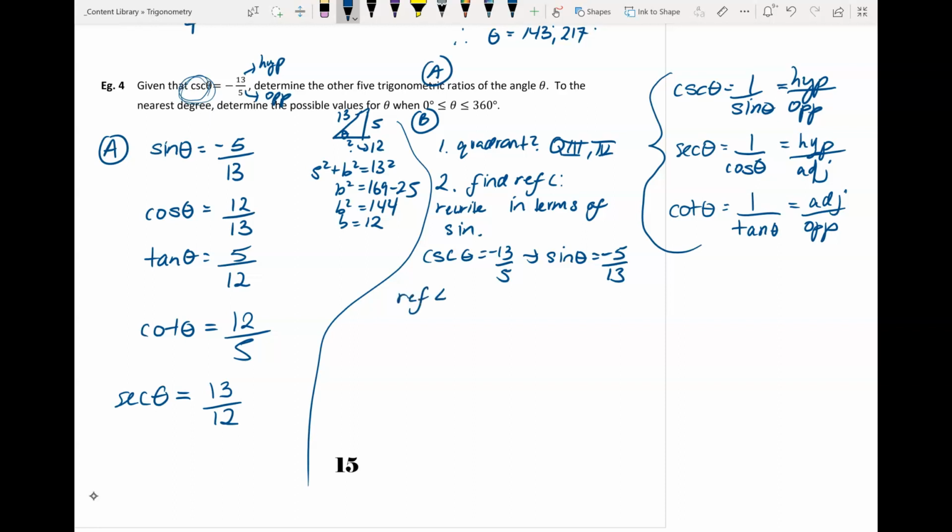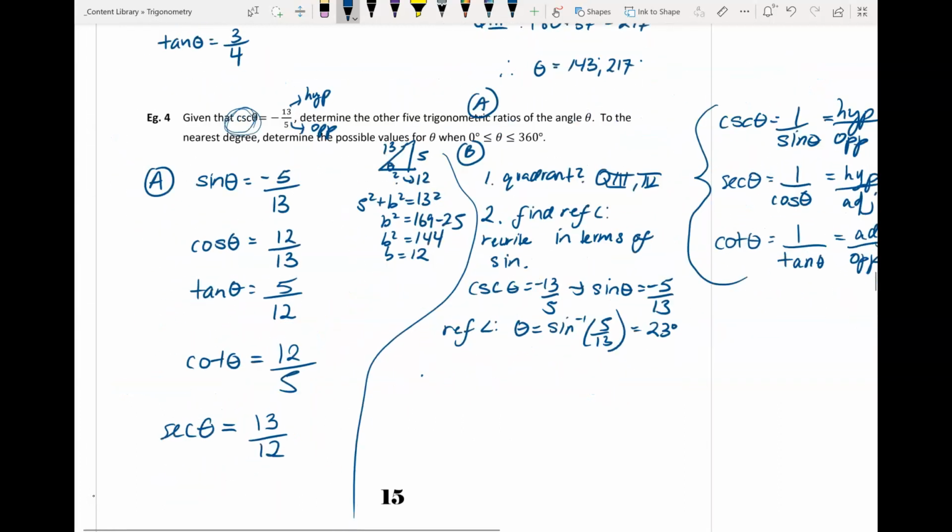So for our reference angle, it's going to be the sine inverse of 5 over 13. Remember the negative, we already accounted for that from part A, which helped us determine which quadrant this angle is going to be in. So I'm going to plug in sine inverse of 5 over 13 in the calculator. We're going to get about 23 degrees. I just rounded it to the nearest degree.